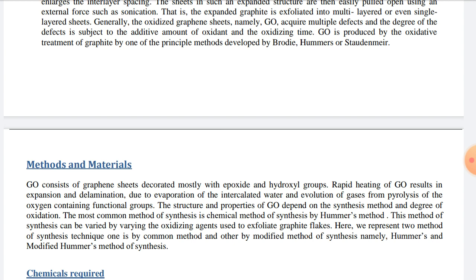The most common method of synthesis is the chemical method by Hummers' method. This method can be varied by varying the oxidizing agents used to exfoliate graphite flakes. Here we present two synthesis techniques: one is the common method and the other is the modified method, namely Hummers' and modified Hummers' method.